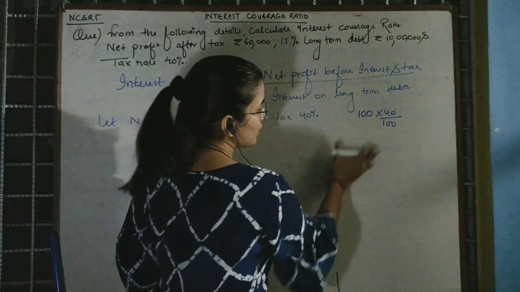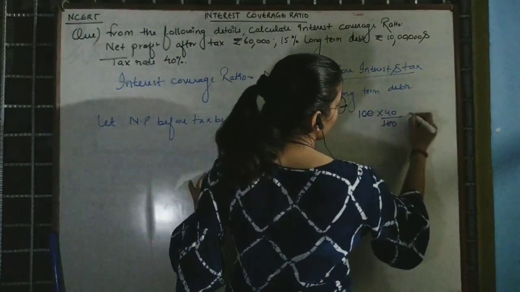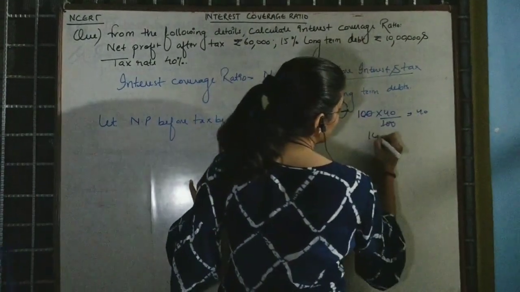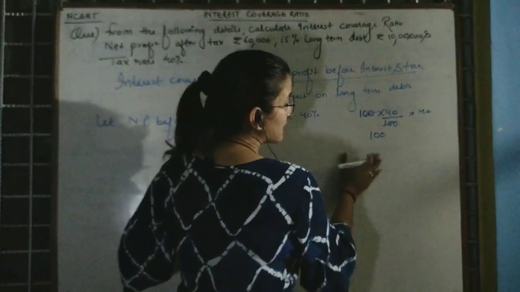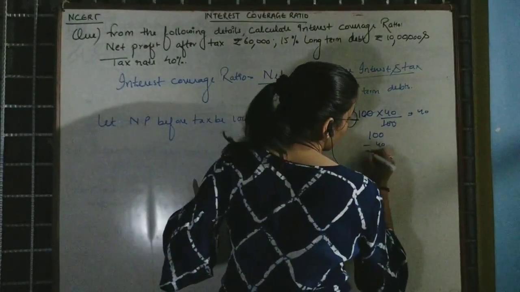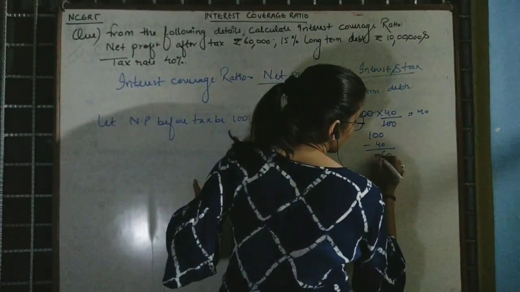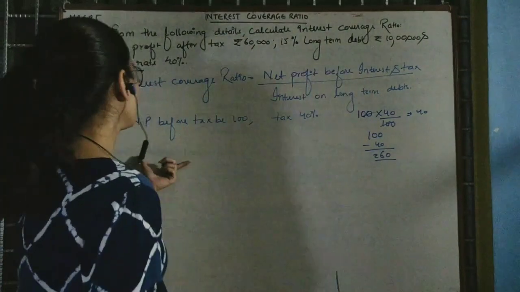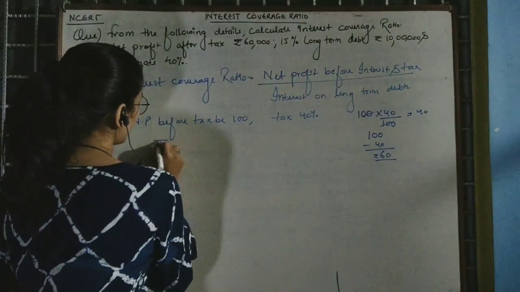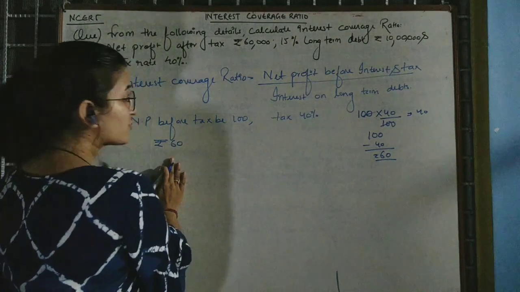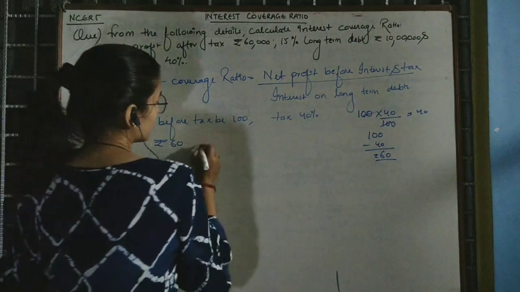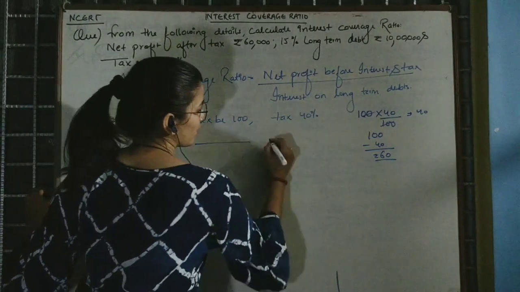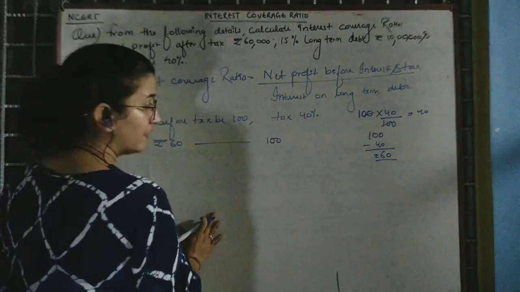So 40% of ₹100 is 40 rupees. That means the profit which we will get after tax is ₹60. So in ₹60, which is net profit after tax, profit before tax was ₹100.